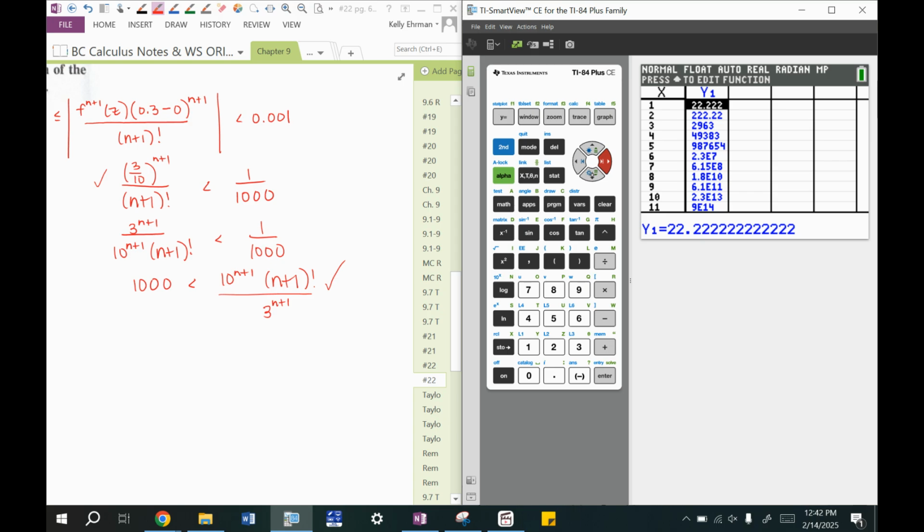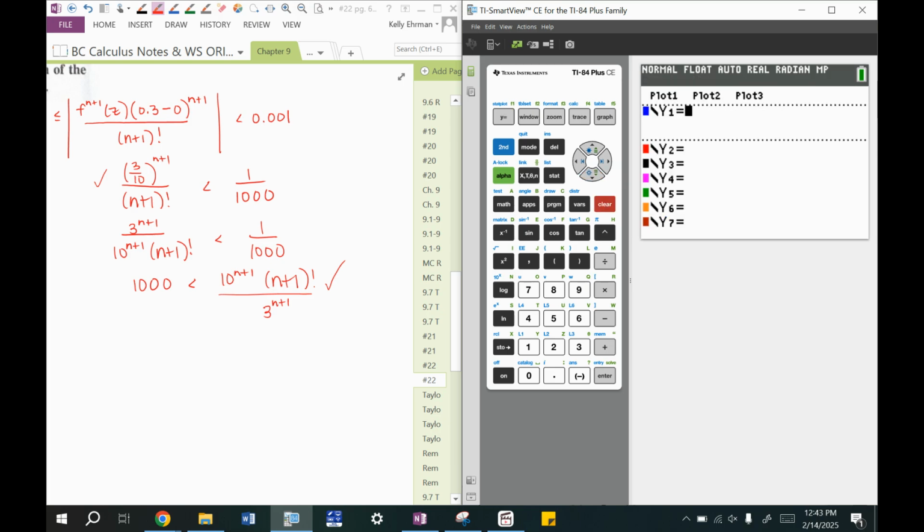I'm just looking for, how long does it take to get bigger than 1,000? So not long. The third term is the first time we're bigger than 1,000. So that agrees as well. Let me go back and show you. What if you went back here and typed this in? So 0.3 to the x plus 1, lots of typos today, divided by x plus 1 factorial.